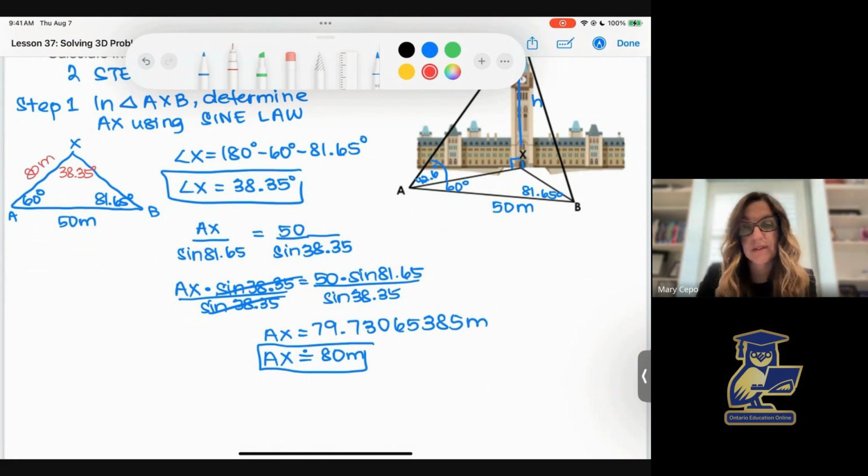Okay, so now this is the common side in the right angle triangle, which will help us solve for the height of the Peace Tower.